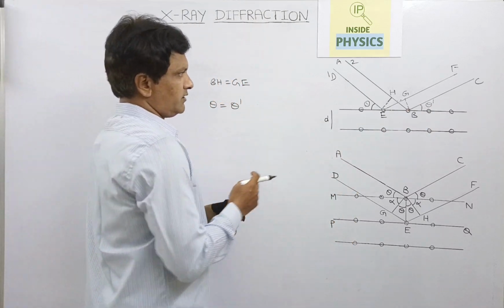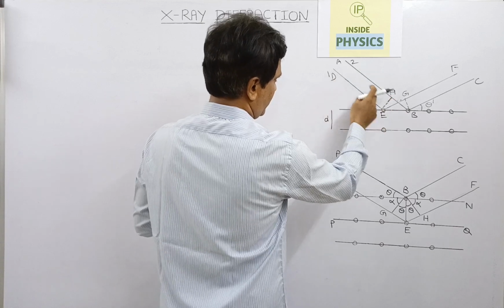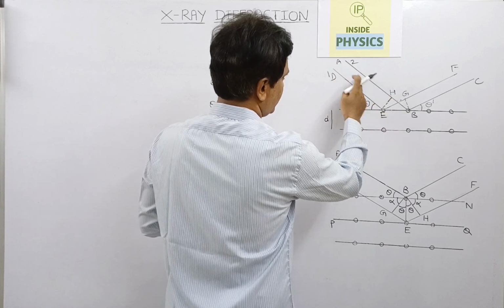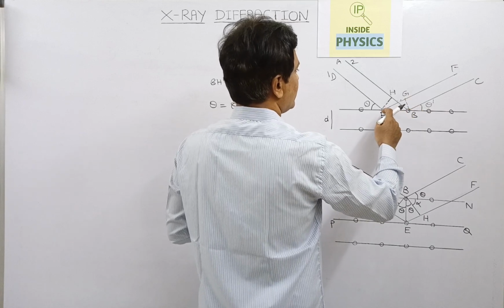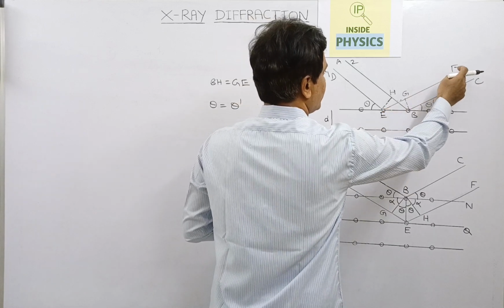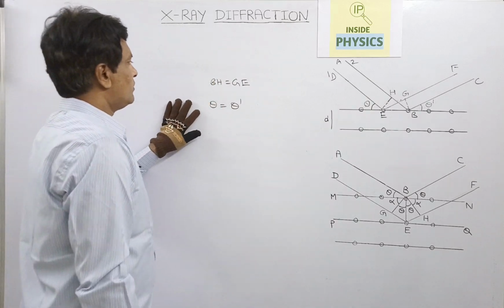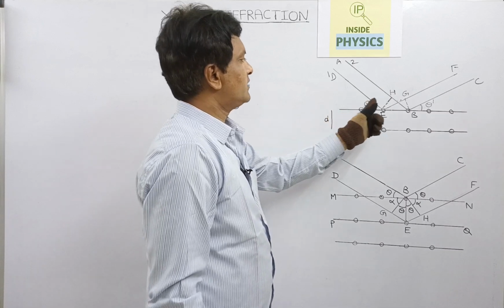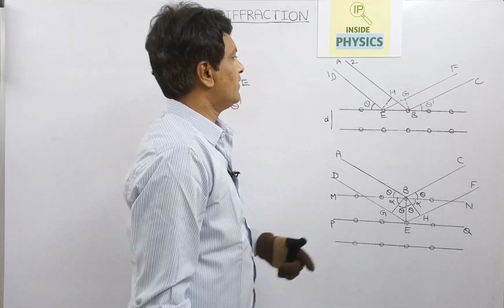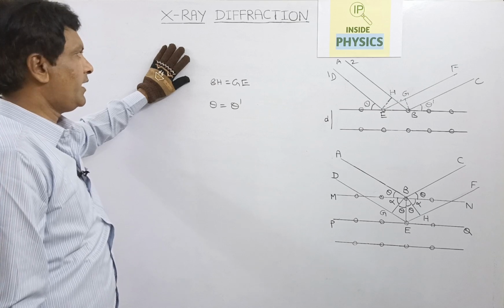In this case, HE is the perpendicular drawn to the incident X-ray AB, and GB is the perpendicular drawn to the incident X-ray EF. So when you consider theta equal to theta dash, this is equal to the reflecting angle. The path difference must be equal to form a constructive pattern.